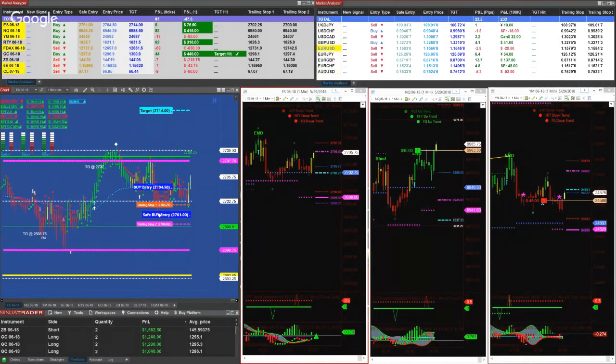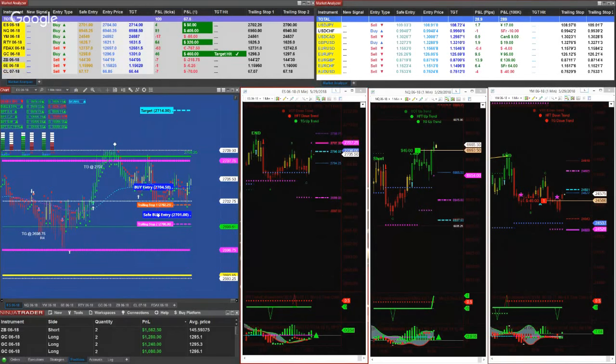NASDAQ, the entry is 63.50. This market is really, really flat. Not much movement. Those are cheap to trade. It's $5 a tick. It's not much.